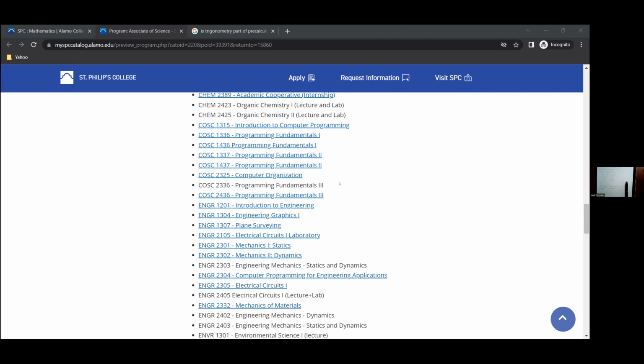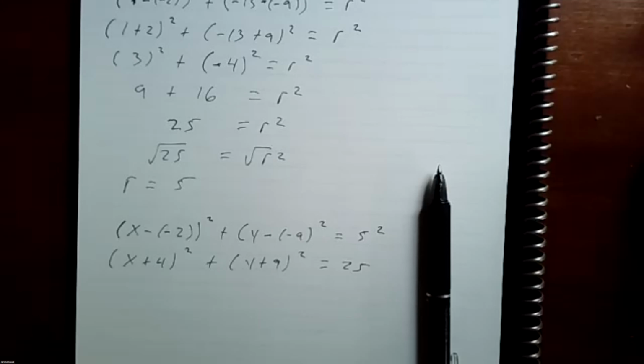Depending on what type of engineering or what school you go to, they may require Cal 3. And then of course you will for sure need differential equations, or you'll take the engineering version, which is engineering analysis. Which is basically like applied Cal 2. So that's pretty cool.